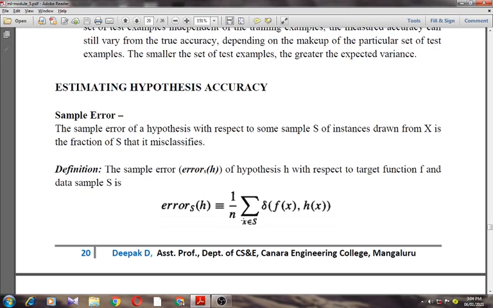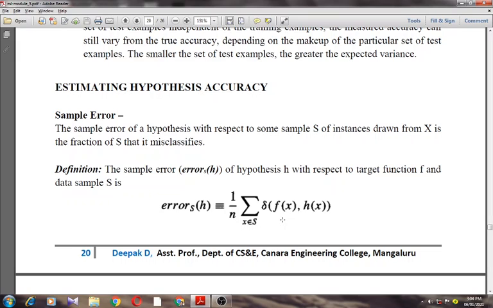Then, the next very important concept is estimating the hypothesis accuracy. When evaluating a learned hypothesis, we are most often interested in estimating the accuracy with which it will classify future instances. At the same time, we would like to know the probable error in this accuracy estimate.